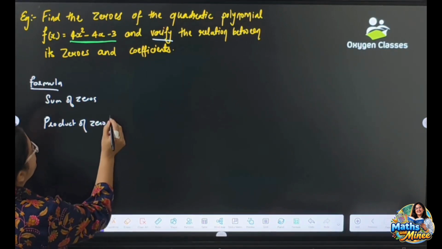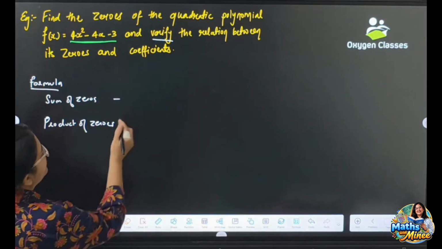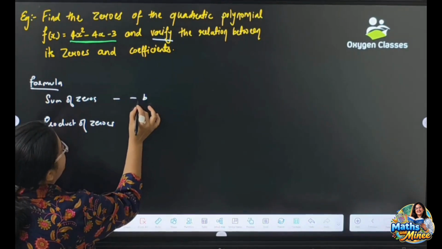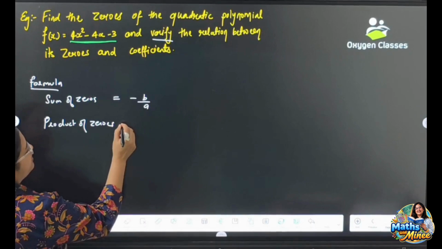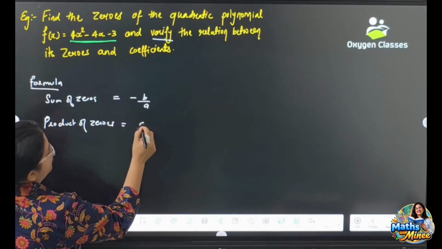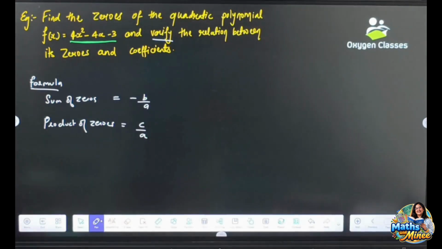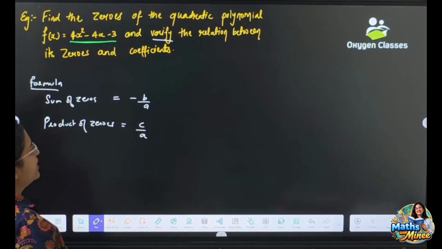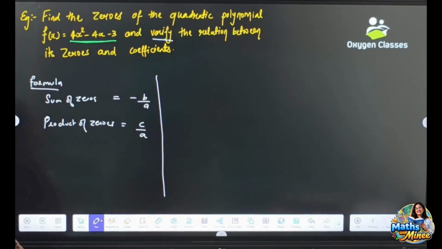The sum of zeros is -b/a, and the product of zeros is c/a. So let us verify, are we getting the same results or not?